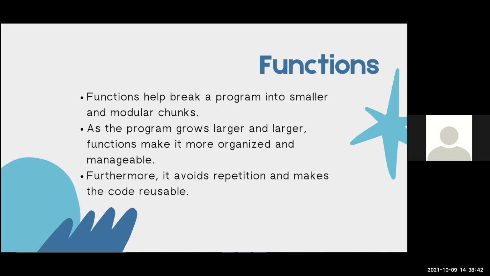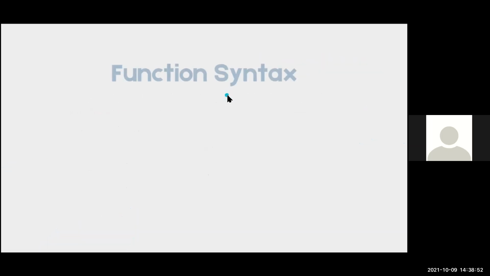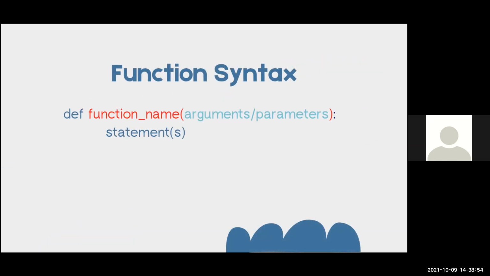The syntax of a function is quite simple, nothing difficult about it. We use the def keyword, then we give the function a name, and then inside brackets, we enter arguments or parameters if needed, it's not a must.